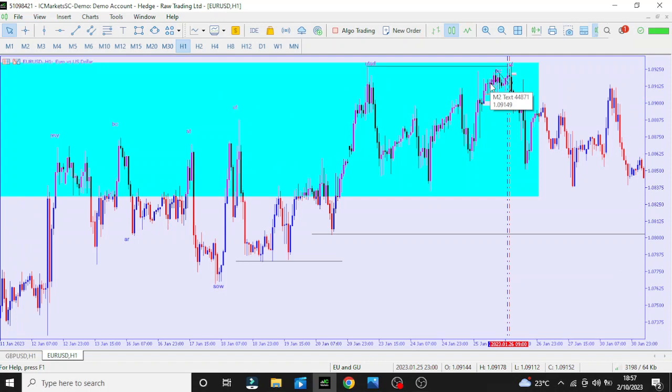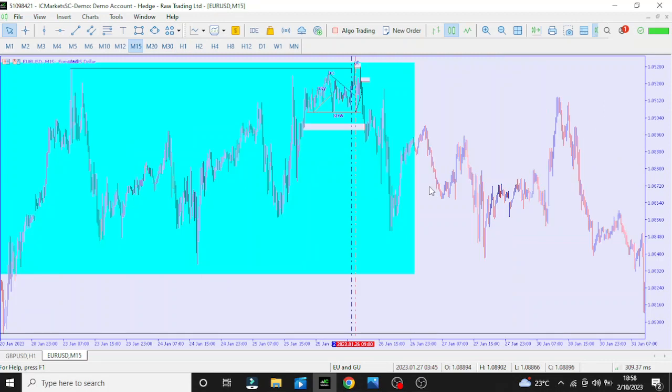This trade happened during London session, and I expected the price to actually liquidate these equal lows, but then again, trade management, guys, it's another skill on its own.